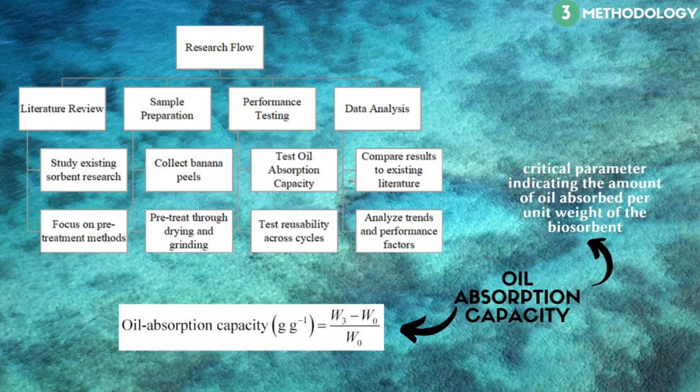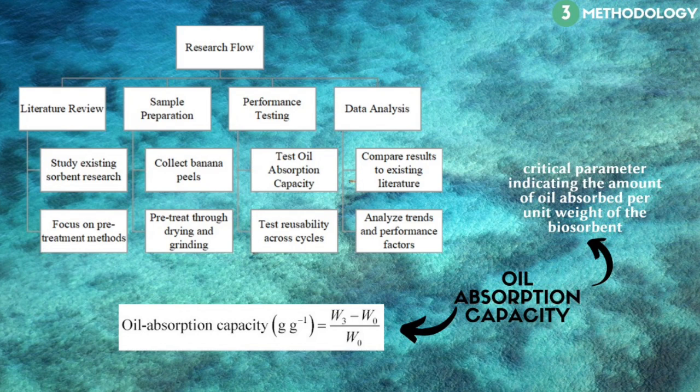The performance testing involved measuring the oil absorption capacity by soaking each sample in oil and calculating the weight difference before and after the absorption. The samples were reused across 4 cycles to evaluate their reusability and efficiency retention.